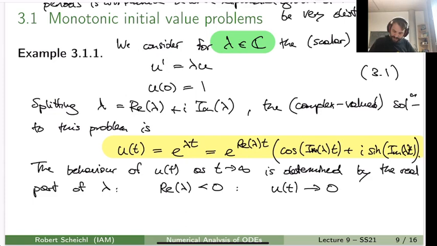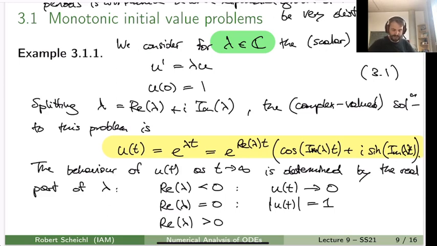If the real part of lambda is equal to 0, then this prefactor would just be 1, and we're only left with this oscillatory function, which doesn't change in modulus, so the modulus over all time is 1. And finally, if the real part of lambda is bigger than 0, then the solution has to blow up. It's really exponentially growing.